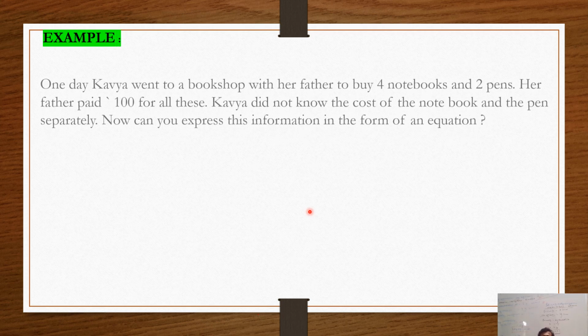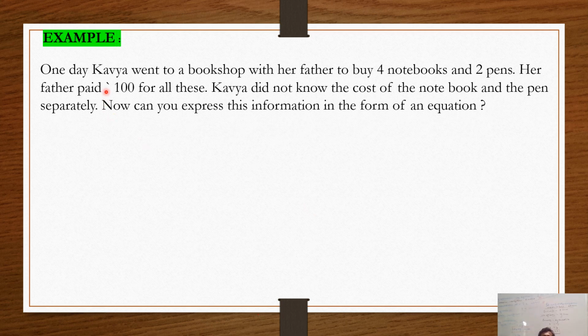Let us move on. Already we have an example of how to express a situation as a linear equation in two variables. Now we will see another example.